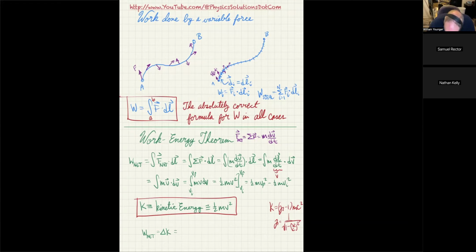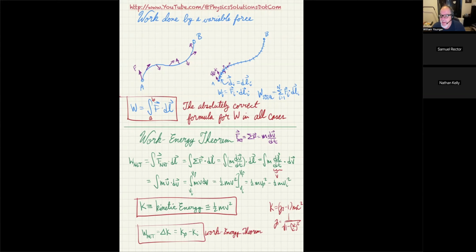So that's K final minus K initial. That is our work energy theorem.